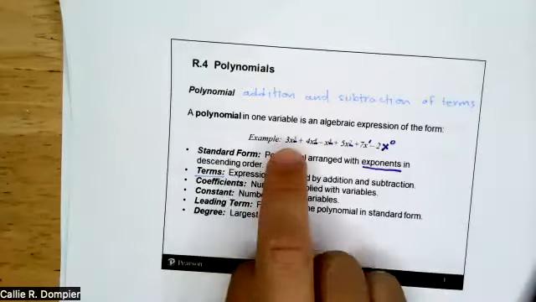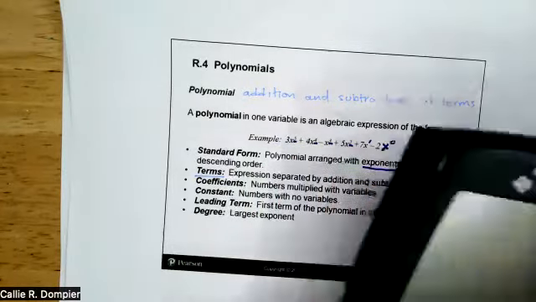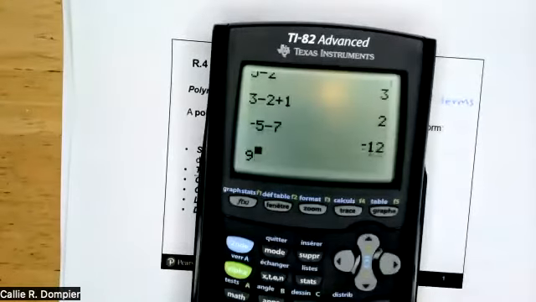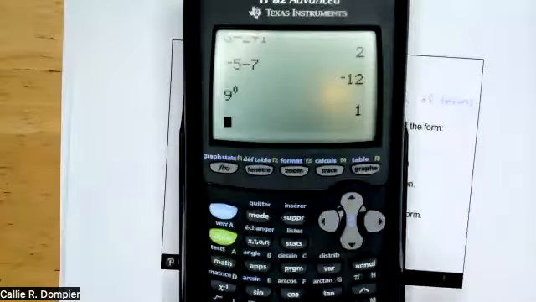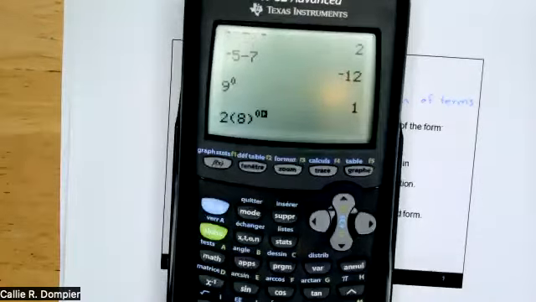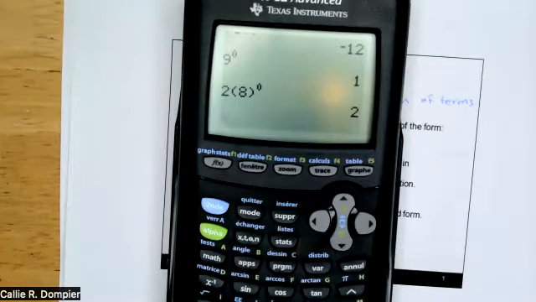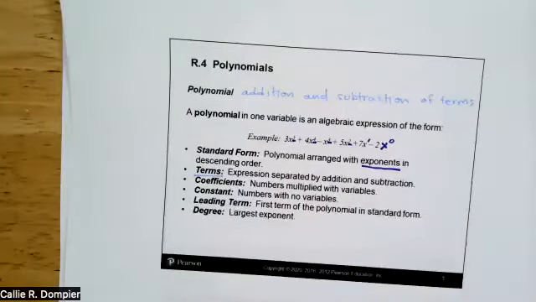So here we have x to the 5th, 4th, 3rd, 2nd, 1st, and 0 power, because did you know that anything raised to the 0 power is 1? So 2 times, if that x was maybe 8 to the 0 power, is just going to be 2, because it's the same as 2 times 1. So they are in descending order.